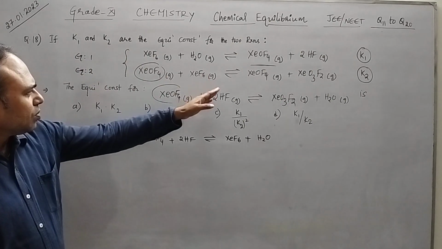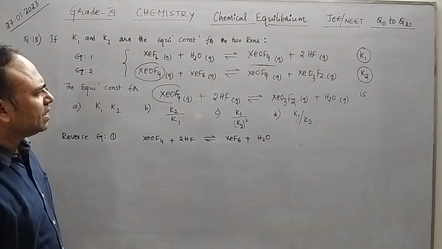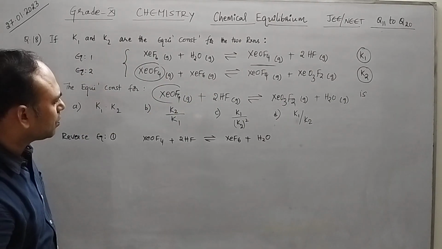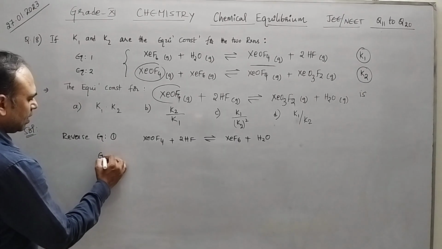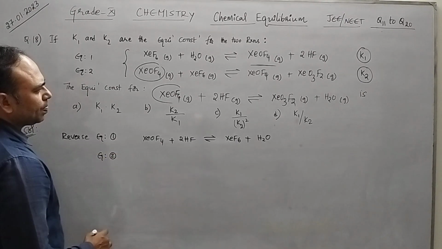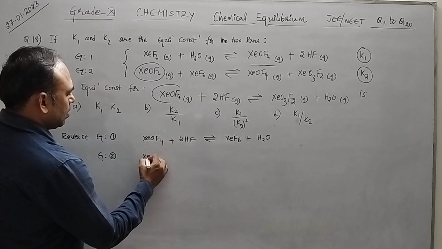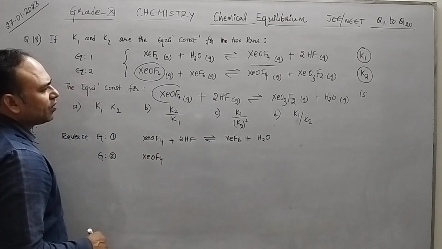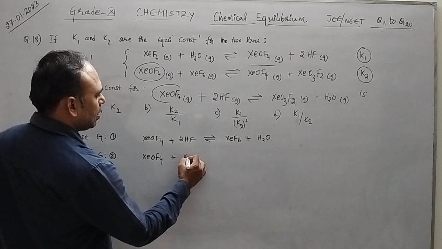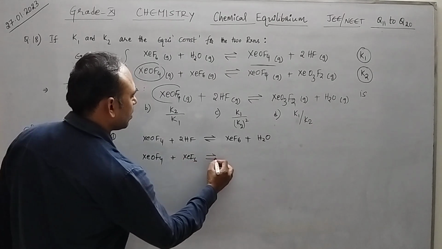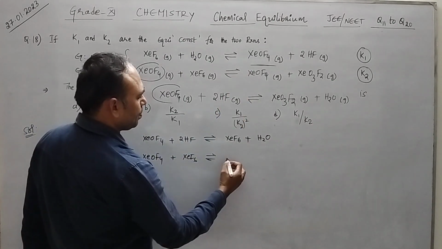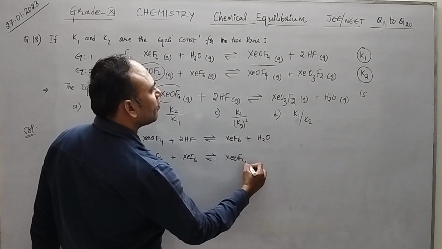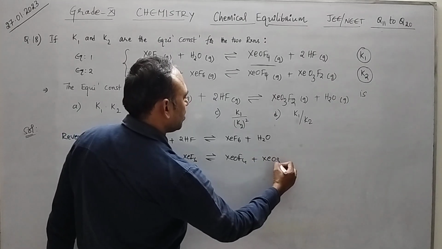Now let us calculate this. So keeping that equation 2 as such, XeOF4 plus XeF6 gives us XeOF4 plus XeO3F2.